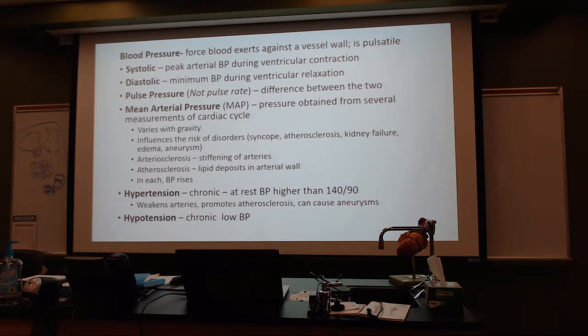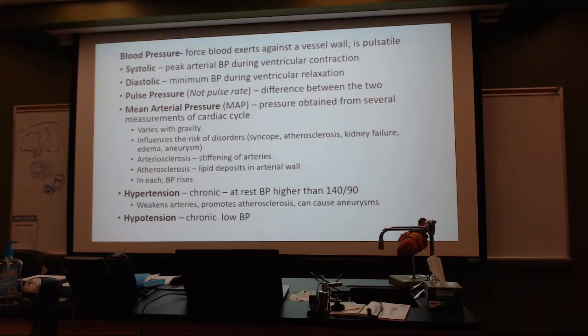We have something called pulse pressure. Do not confuse it with a pulse rate. This is the difference between the two. It can vary depending upon where you may have to get the blood pressure from.